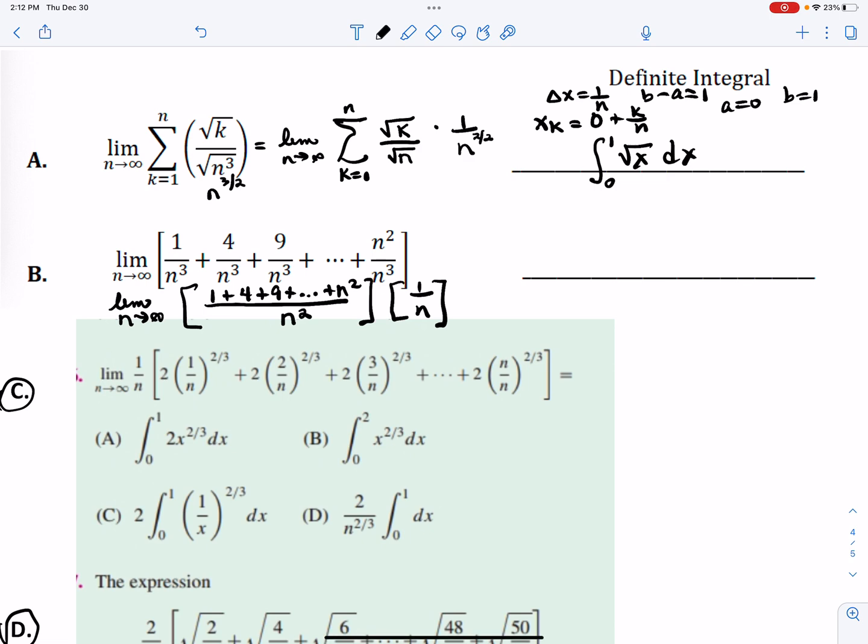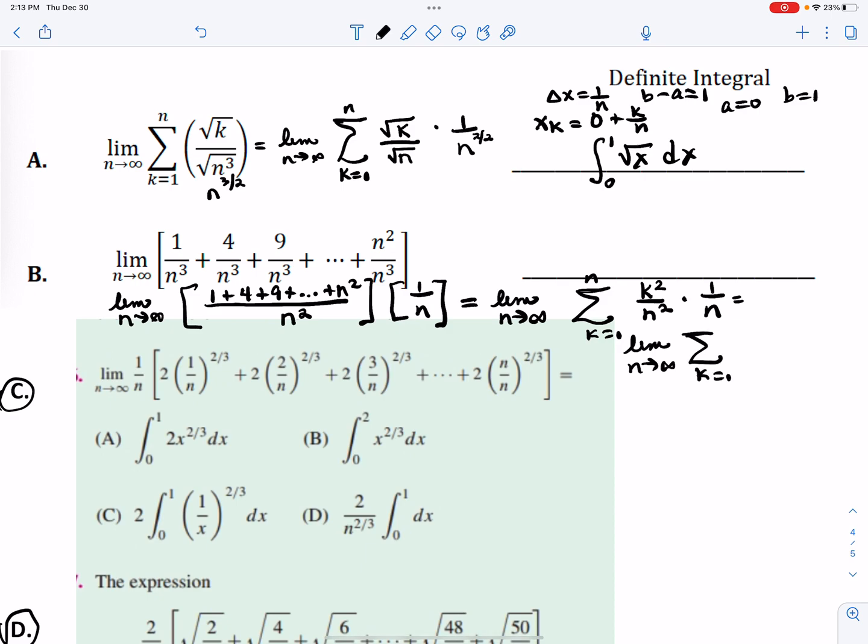And this Riemann sum can be abbreviated as the limit as n increases without bound of the summation from k equals 1 to n. And what are we adding? Things in the form of k squared over n squared times 1 over n, which again can be written as the limit as n increases without bound of the summation from k equals 1 to n of (k over n) squared times 1 over n.